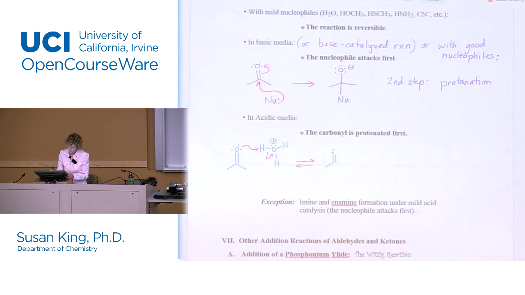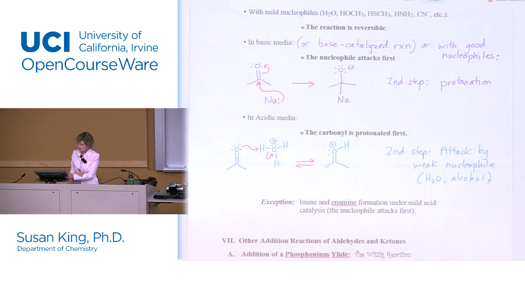So now weak nucleophiles can attack. So we need to do this when we have weak nucleophiles. And then in the second step, we have attack by weak nucleophile, such as water or alcohol. Water to make a hydrate and alcohol to make an acetal.